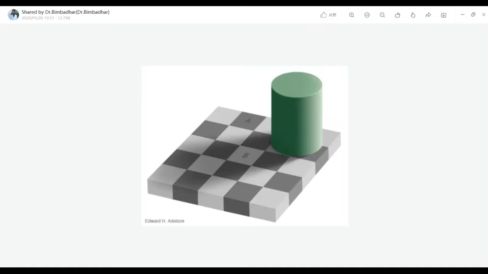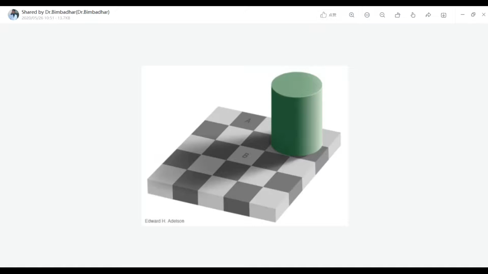To understand this, you have to refer to a theory related to the Richard Adelson checkerboard. The thing is actually called the Adelson checkerboard illusion.